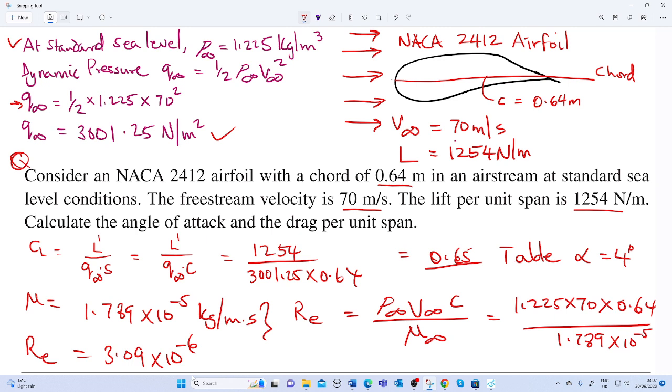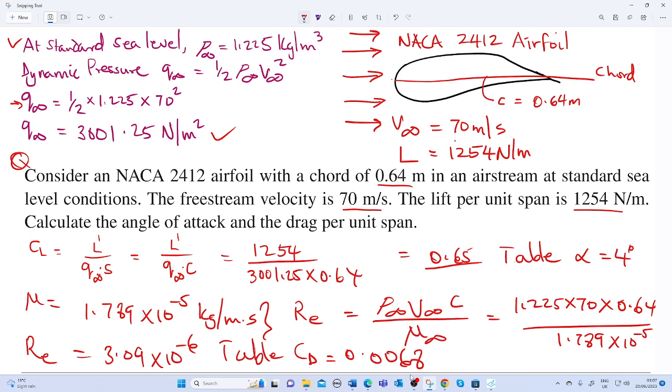Now that we have found the Reynolds number, the next thing again is to trace the value from the table of Reynolds number to coefficient of drag. By tracing from the table once again, you can deduce the coefficient of drag using the Reynolds number of 3.09 times 10 to the 6 equals 0.0068.